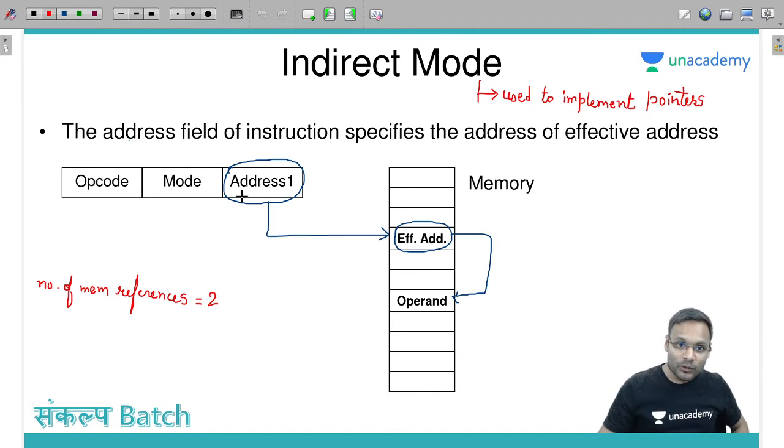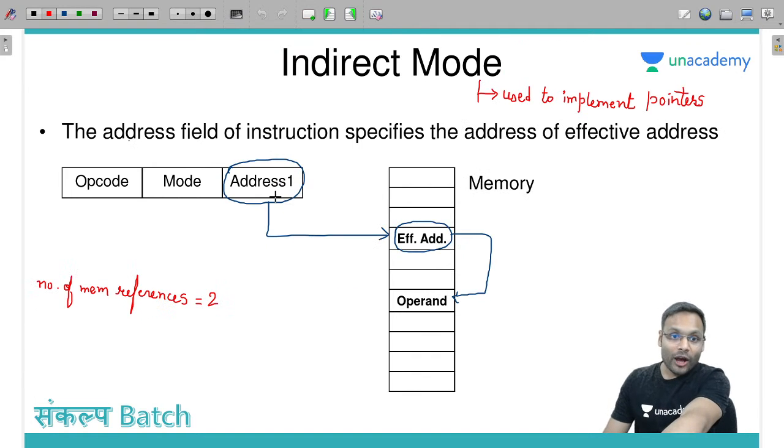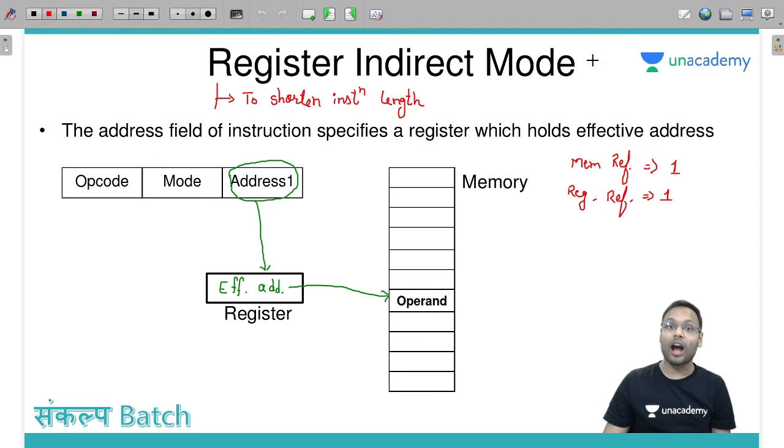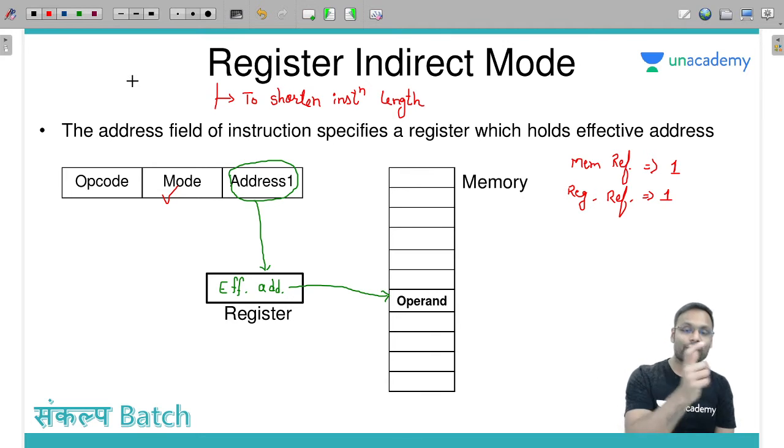Will I get the operand using this address directly or indirectly, or using the register directly or using the register indirectly? That will be specified by this mode. So this mode actually specifies in the bit combination which type of mode this instruction is using.